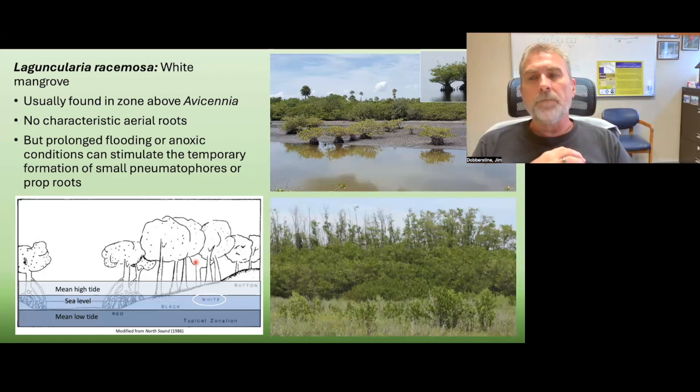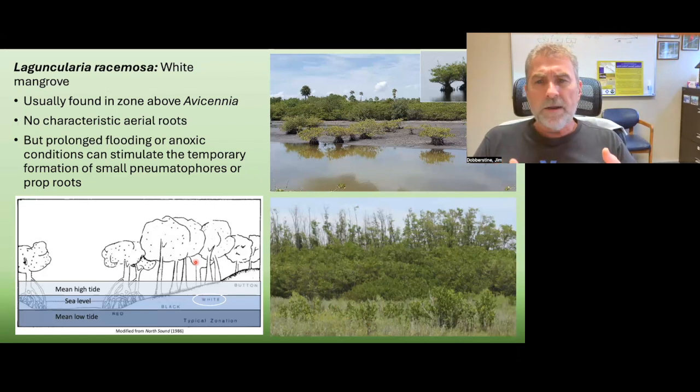There are no characteristic aerial roots with this particular plant, and I think that would make sense based on where they are, right? So they're higher upslope. They're less likely to see that flooding stress or those anoxic conditions. So they don't need to put energy into that adaptation, right?